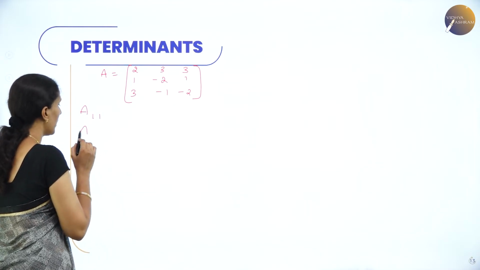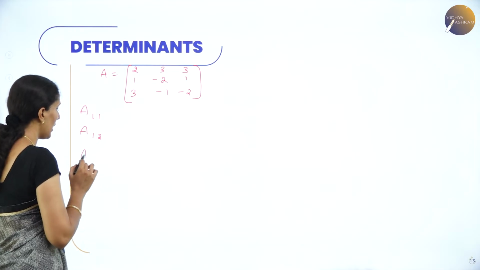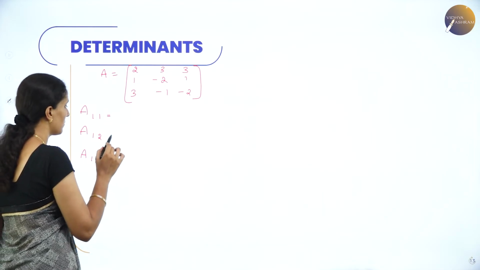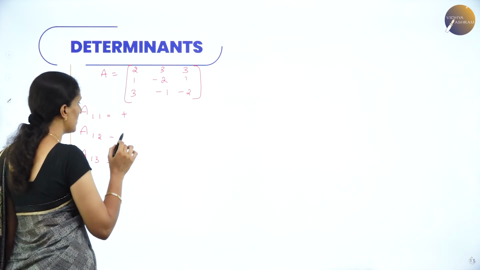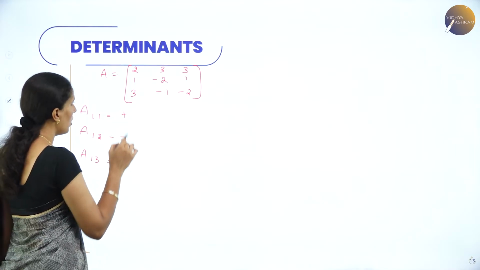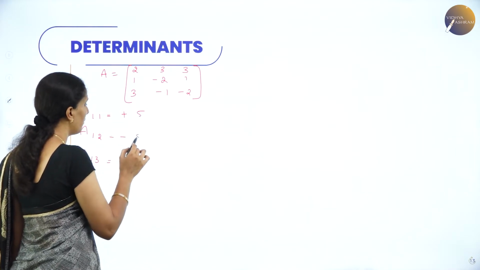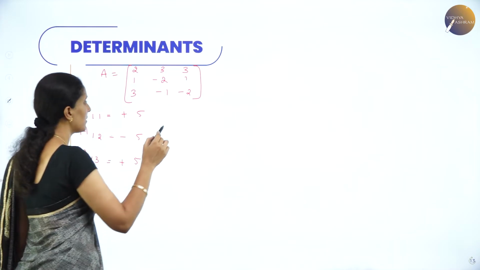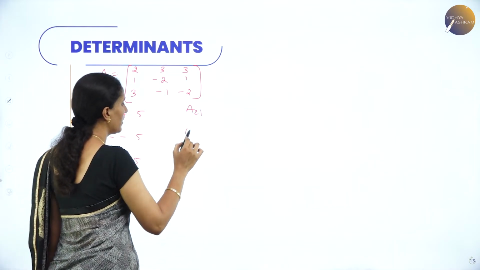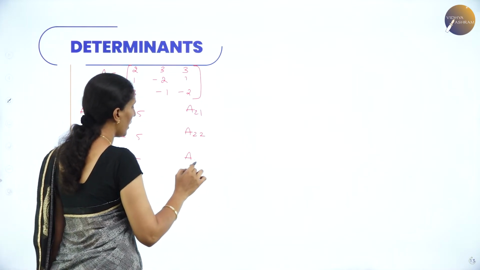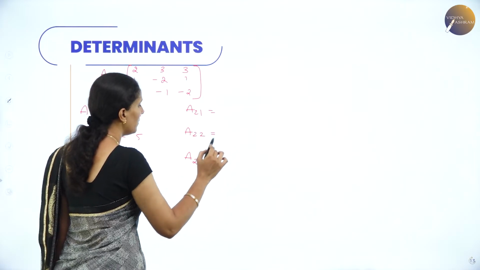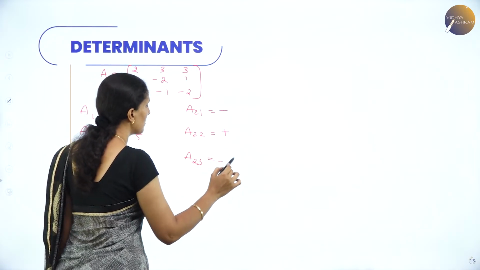A11, A12, A13, with signs plus, minus, plus. On solving this, we get 5, 5, 5 here. Next is A21, A22, A23, so here the signs are minus, plus, minus.